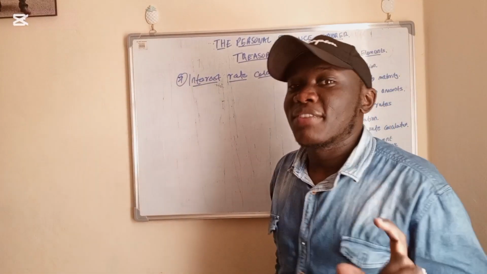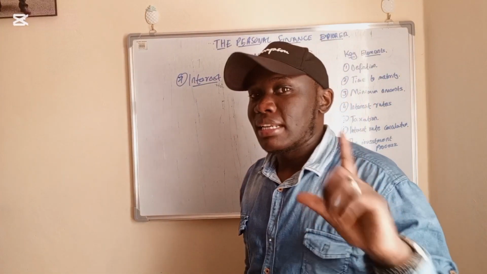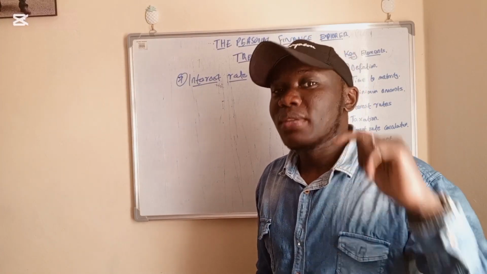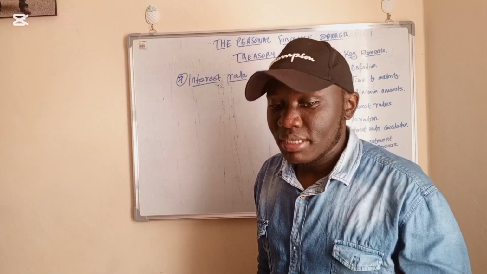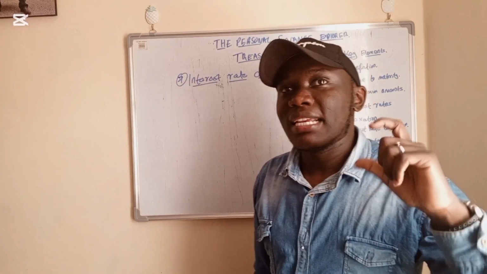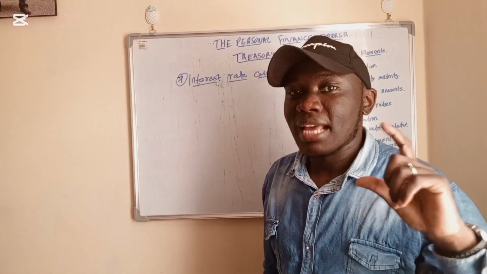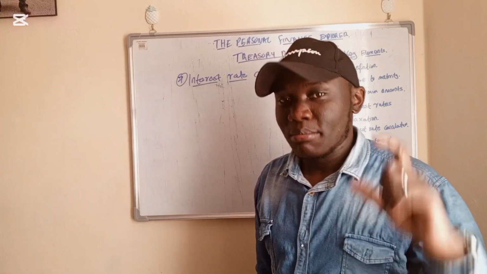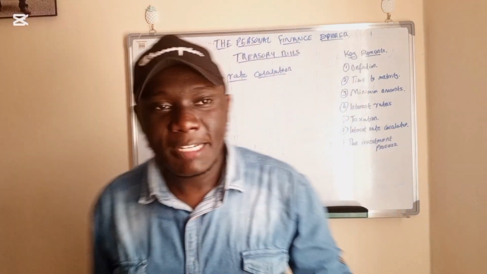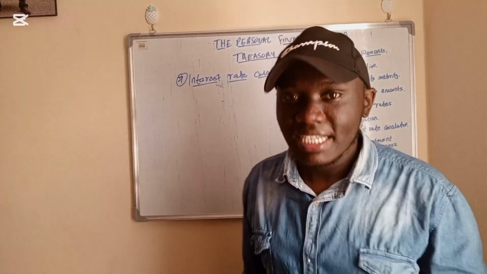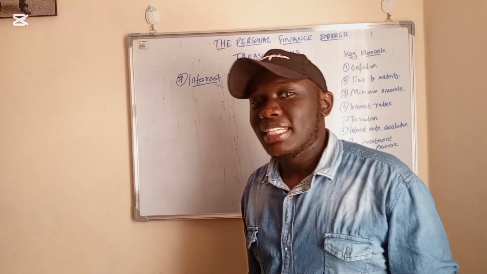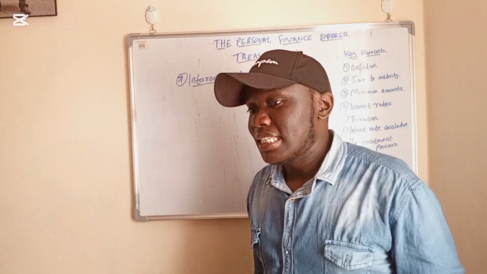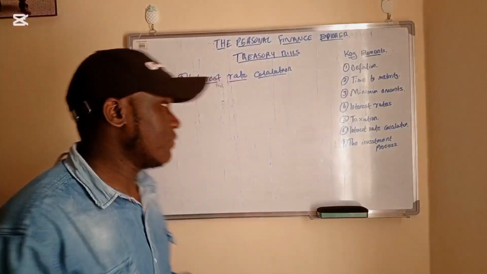But the case is different here for the treasury bills, and this is another major difference between the treasury bonds and the treasury bills, other than the time. The difference is, in treasury bills, interest is paid upfront. I hope it's clear. Interest is paid upfront.